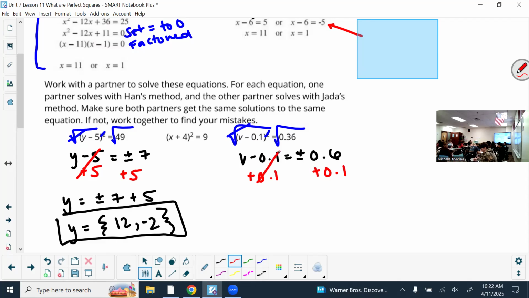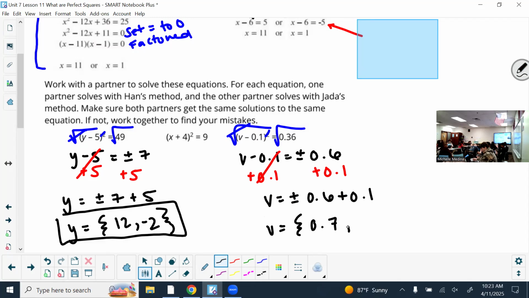And then we get v equals, and you could split it into two separate problems if you want. But since most of the time there are two solutions, that's why that plus or minus is super important, because we need to do positive 0.6 plus 0.1. What's that equal? 0.6 plus 0.1?